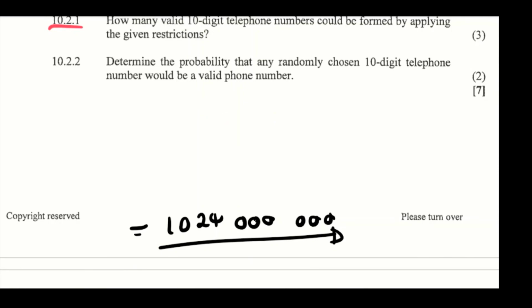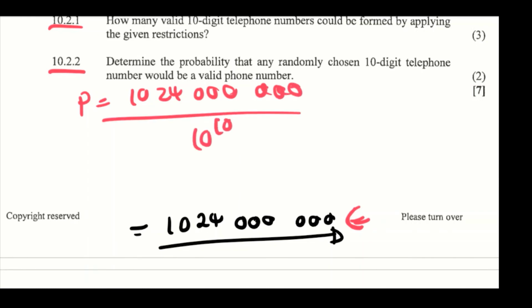So 10.2: determine the probability that any randomly chosen 10-digit telephone number would be valid. So P is equal to this number here, 1024000000, divided by 10 to the power of 10, right? So you're going to get 0.1024.